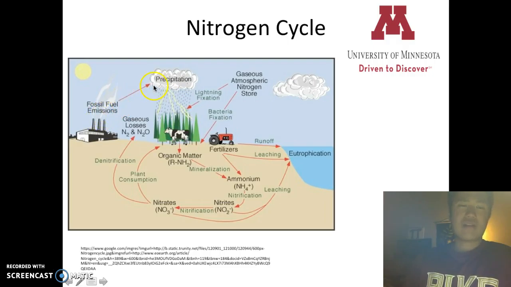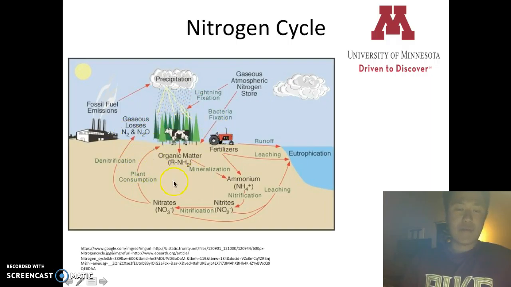The fossil fuel emission is not a very big effect on the nitrogen cycle itself, but it still does have one, because when precipitation occurs, the whole cycle gets added onto with our fossil fuel emissions. When we burn fossil fuel, the emissions are released into the atmosphere. So every little bit of the cycle has an effect on each other, because everything is a cycle, right?